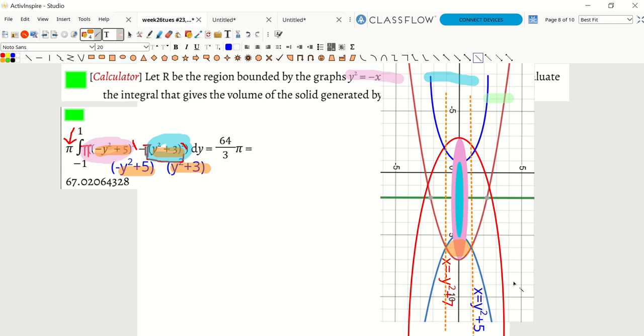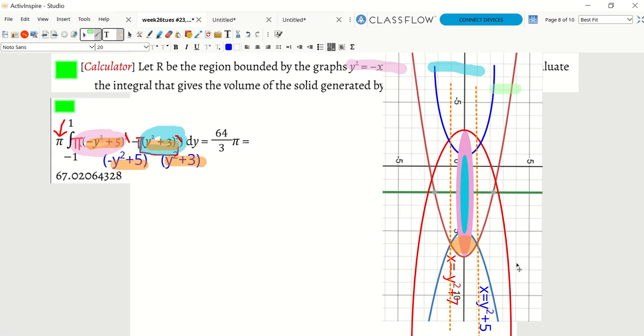What you can do is set the blue graph function equal to the red graph function and solve backwards for the y values. So you can just basically set y squared plus 5 equal to negative y squared plus 7 and get negative 1, 1.